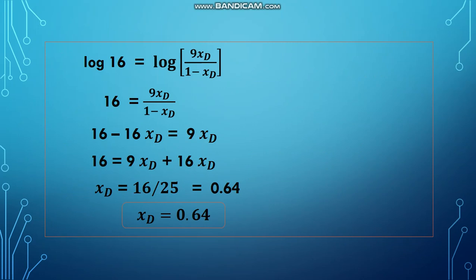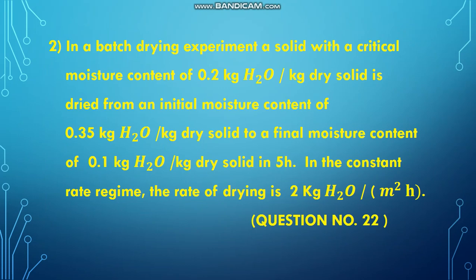Next question is: in a batch drying experiment, a solid with a critical moisture content of 0.2 kg H2O per kg of dry solid is dried from an initial moisture content of 0.35 kg H2O per kg dry solid to a final moisture content of 0.1 kg H2O per kg of dry solid in 5 hours.